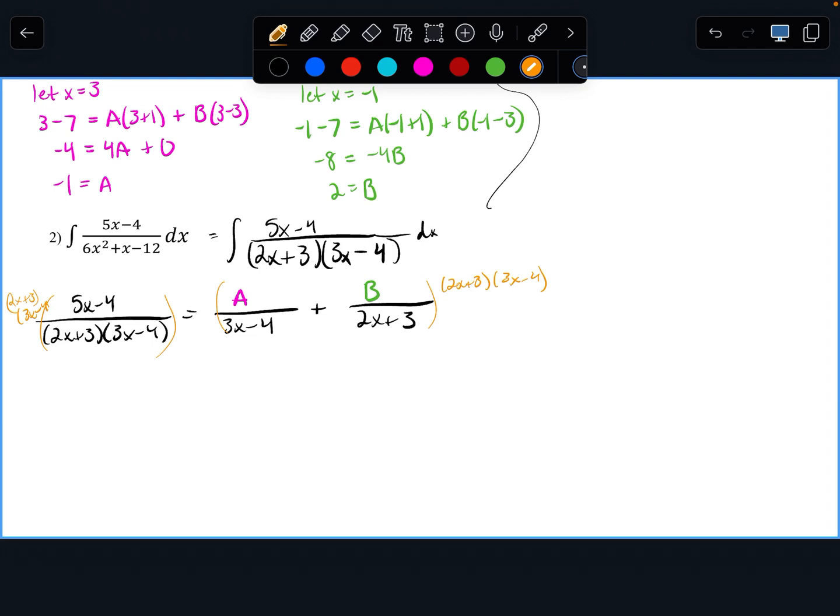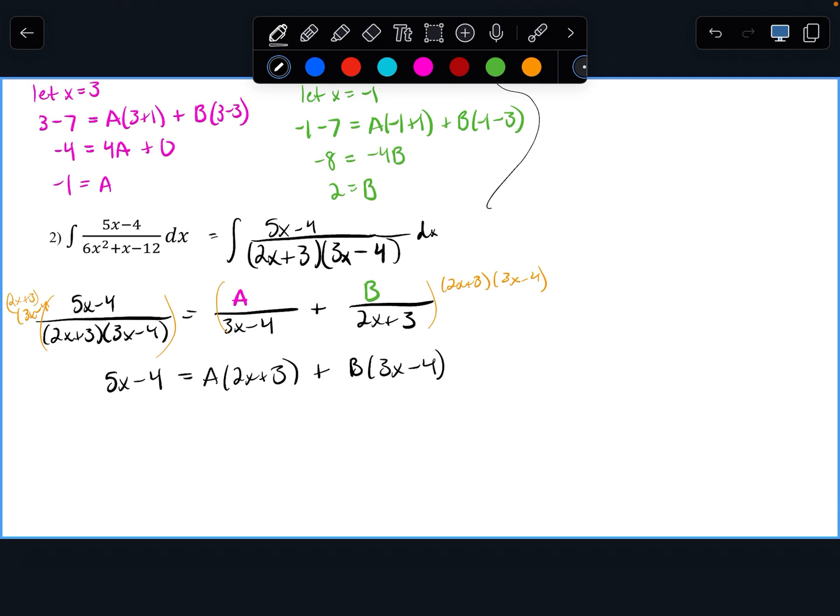And you'll notice a pattern: A is going to have the 2x plus 3 with it, and B is going to have the 3x minus 4 with it. So you're going to get 5x minus 4 equals A times 2x plus 3 plus B times 3x minus 4, for the way I set it up.